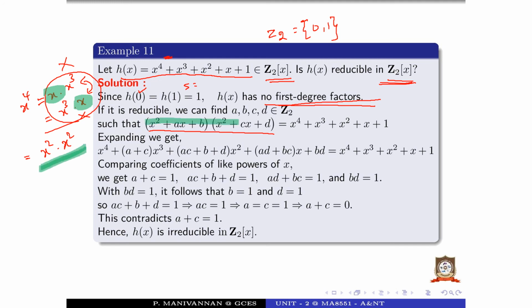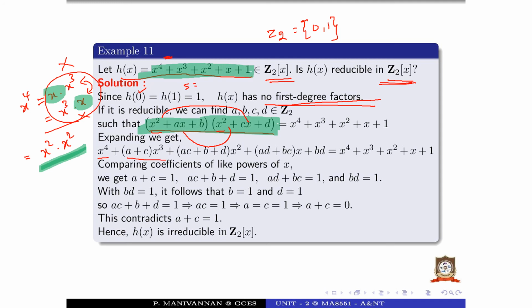So we choose x squared plus ax plus b into x squared plus cx plus d. Its product must be this polynomial. Expanding, we get x squared into x squared is x power 4. Then for x cubed we get x squared into cx plus ax into x squared, so a plus c.